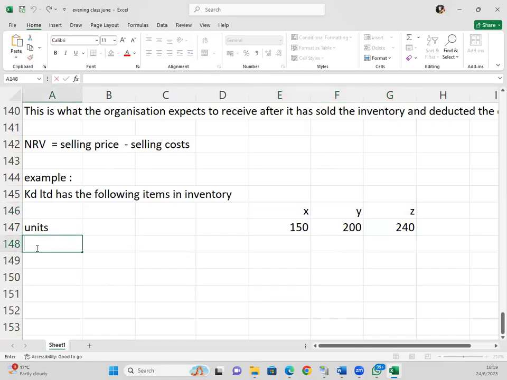Then from this, we can also be given the unit cost. Can be given maybe the purchase price, can be given the selling price, can be given the carriage cost inwards.